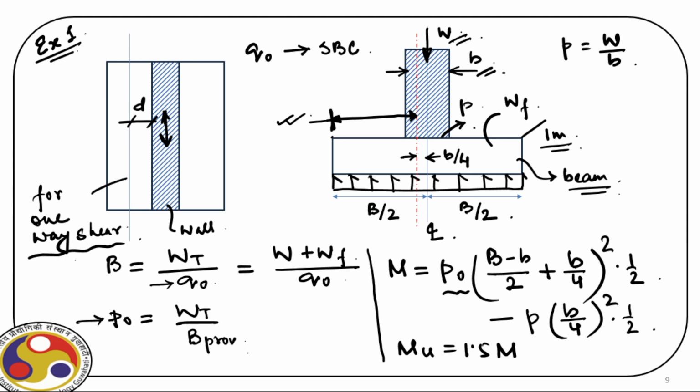For one-way shear, again, if you recall, our tau v should be less than k times tau c. This tau c comes from the material property, and this we have to see based on the thickness of the beam, that is d effective, and we can design this accordingly so that we don't need to provide any shear.